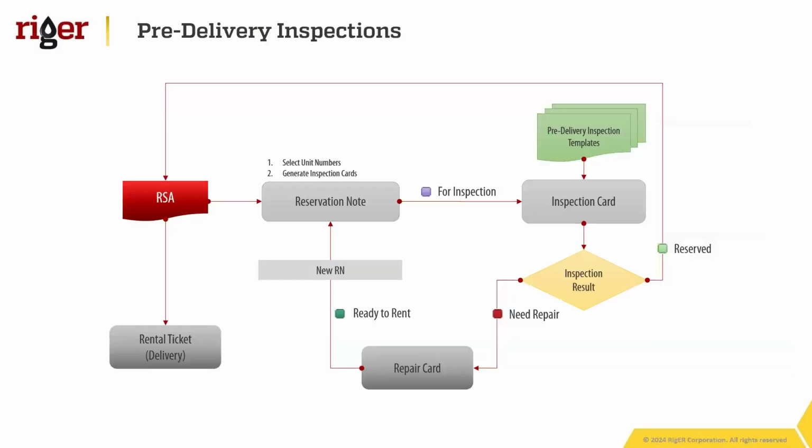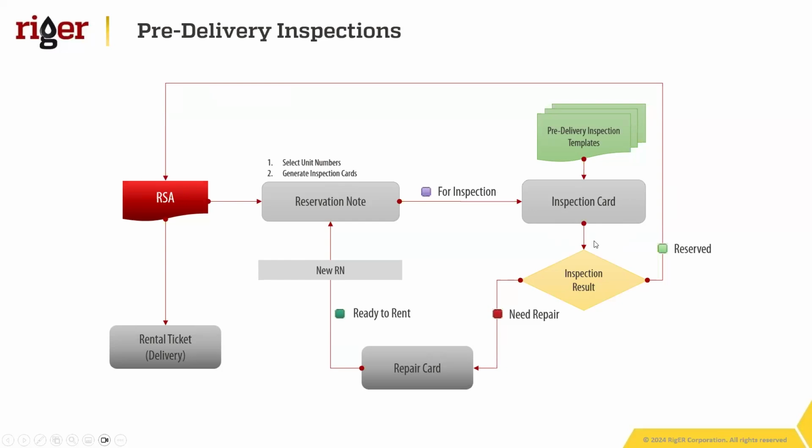So if we take a look at the pre-delivery process, everything starts with the RSA. When you're creating a delivery ticket, or in this case, we even have the reservation note turned on, you can select the unit numbers. In the case of a reservation note, for instance, it'll generate the inspection card, which then that unit will go for inspection.